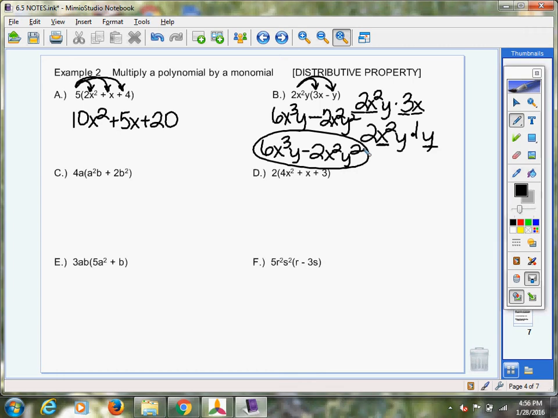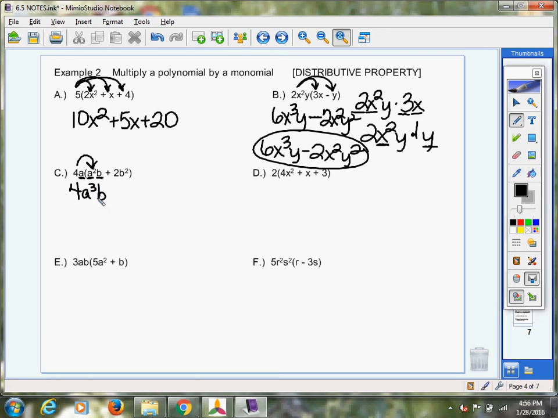Okay? Let's do this one. Letter C, we got 4a times a squared b plus 2b squared. 4 times 1, because that coefficient in a squared b is 1. 4 times 1 is 4. A times a squared is a cubed. And I don't have anything to multiply to this b, so I'll drop it down.